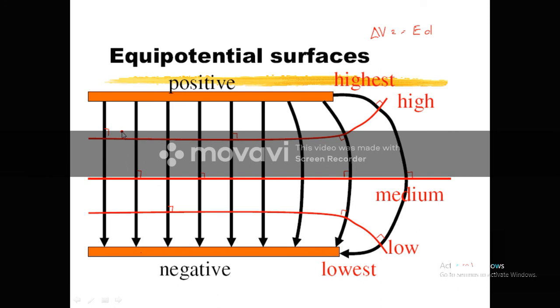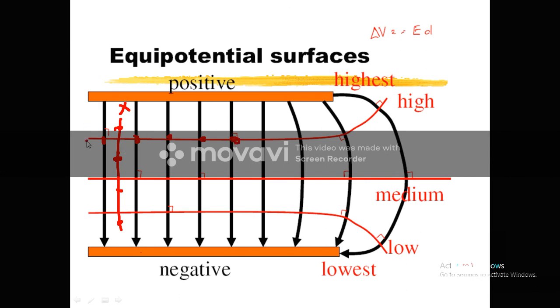No, because at each of these points the electric potential is not the same. So we cannot say that this is the equipotential surface. However, this can be an equipotential surface because the electric field intensity over here, here, here is the same.